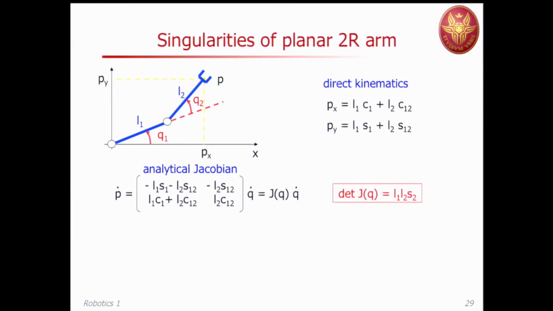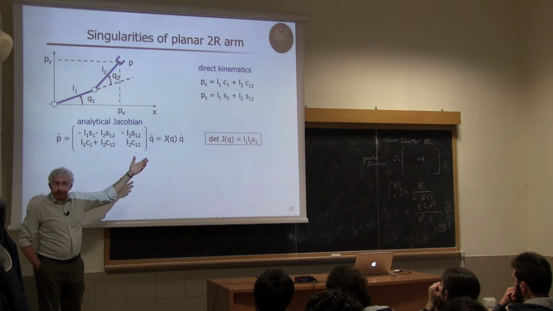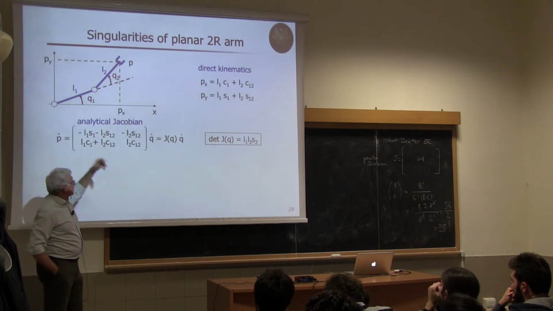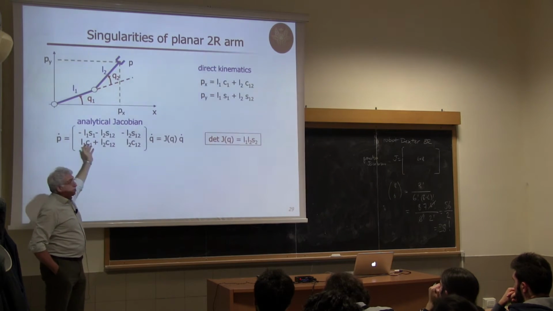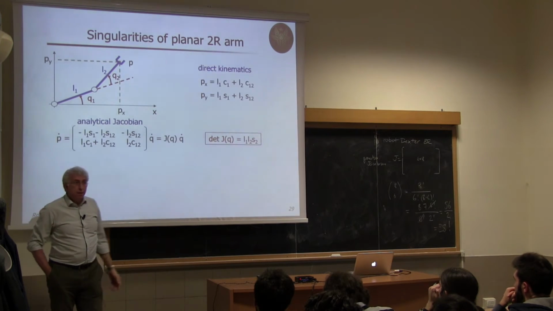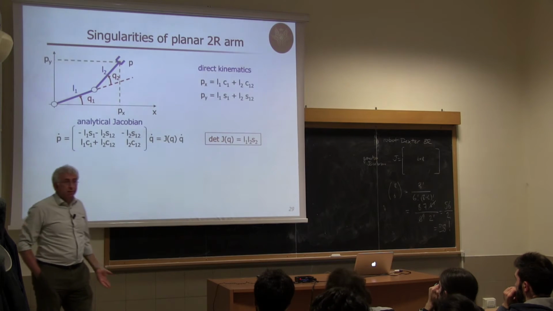Let's start with our good old friend. Direct kinematics is this one. We compute the analytic Jacobian, but in this case it's not relevant what we do, because the first two rows of the geometric Jacobian, those that provide px dot and py dot, are exactly those obtained by partial differentiation of the direct kinematics in this case.